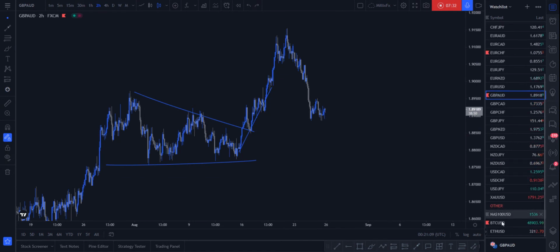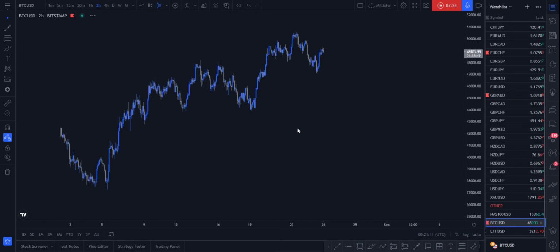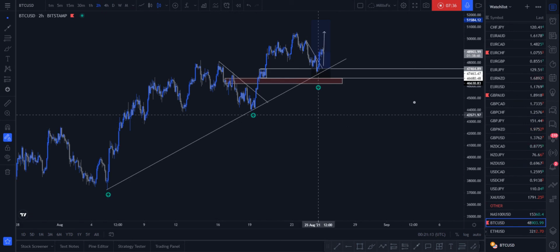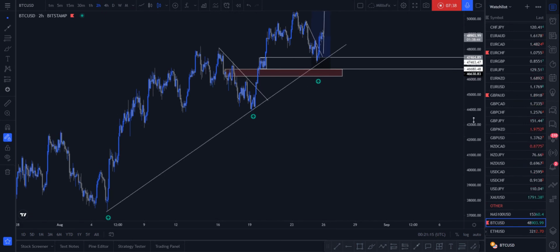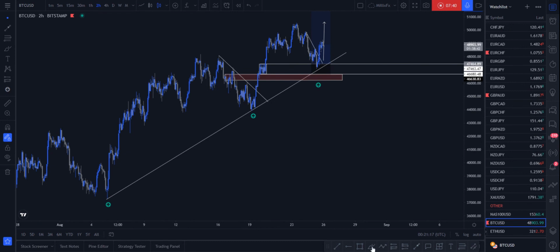Let's look at crypto, and that's BTC. On BTC actually, we have switched bullish for some time now, breaking structure, breaking structure, and now broke structure, but actually came to clear a little bit of liquidity that is lying on this particular one. And let's see how it reacts to this particular zone.